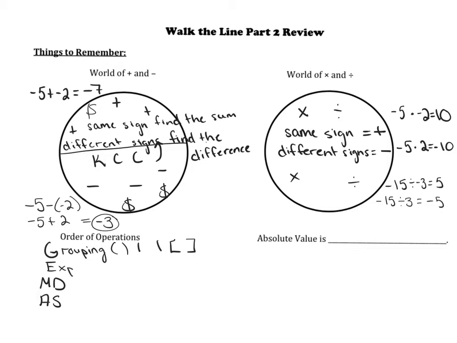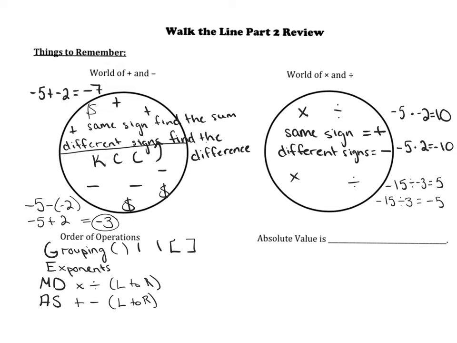E is for exponents. And then we have multiplication and division, and they go left to right. And then we have adding and subtracting, and these also go left to right. One of them is not more important than the other.